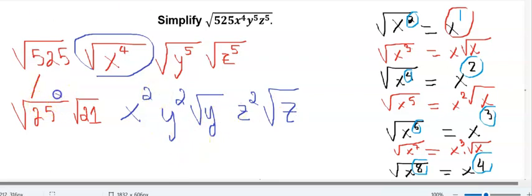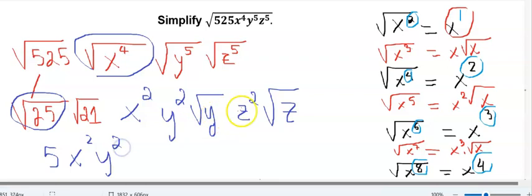Okay. What is the square root of 25? 5. So we're going to bring down the 5. I'm going to bring down the x squared. I'm going to bring down the y squared. I'm going to bring down the z squared. Now I'm going to go ahead and bring down the terms with the square root. What's the first one? I see your hand. Please wait.